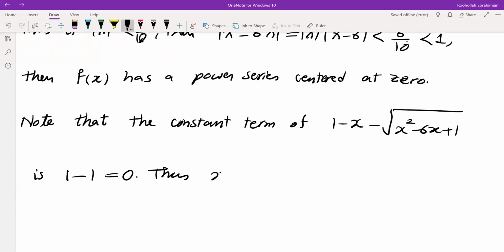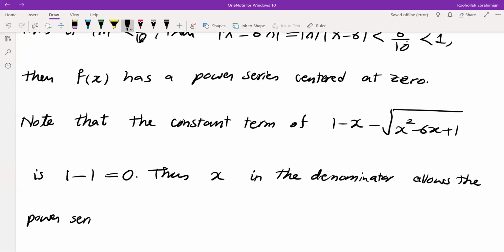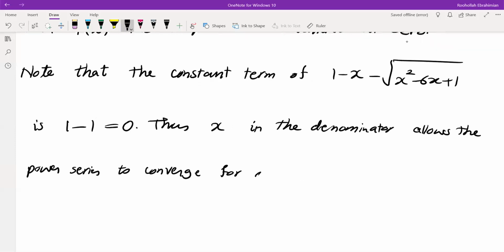Thus, the x in the denominator allows the power series to converge for all x with x less than 1/10.